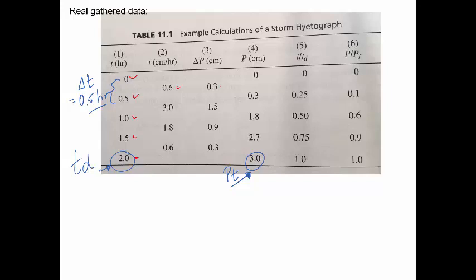And then you have your change in precipitation, and if you have here 0 and 0.3, this is the point here, and this is your difference in time, and this is ΔP over Δt. So the total precipitation is PT, so PT is total precipitation. Okay.